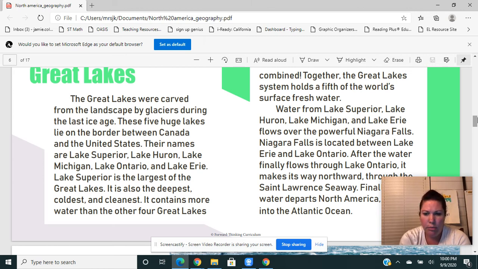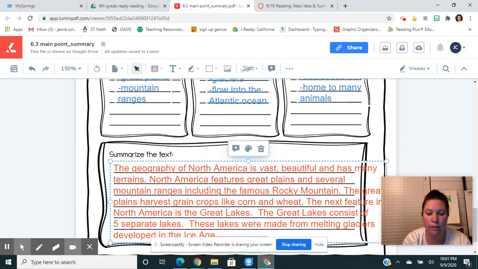But okay, so between Lake Erie and Lake Ontario are the Niagara Falls. Okay, so even though they're separate, they're all kind of connected, but the last one is Lake Ontario, and that's the one that goes to the Atlantic Ocean. Okay, so let me put that in here.